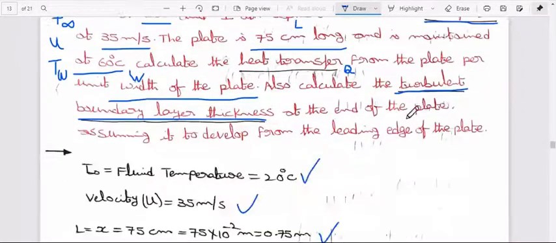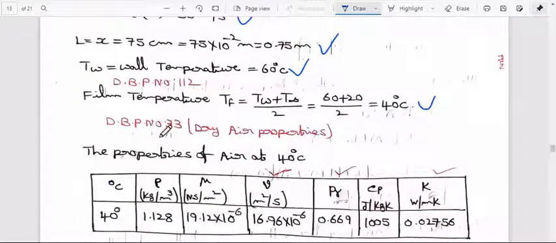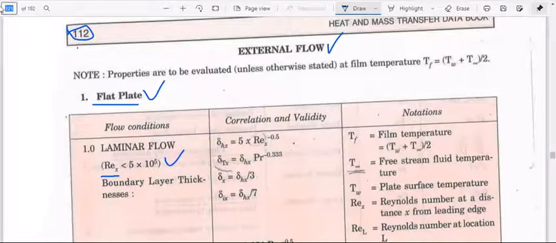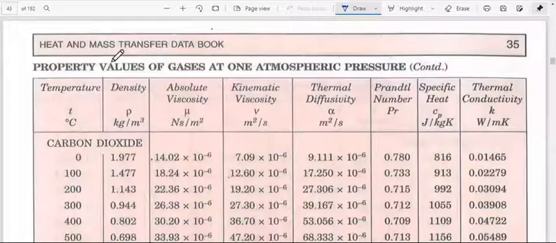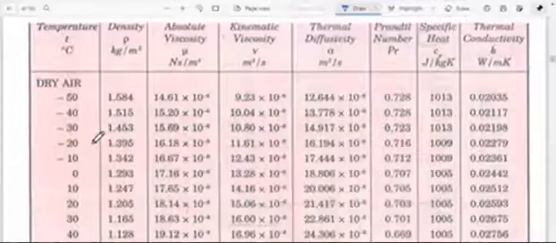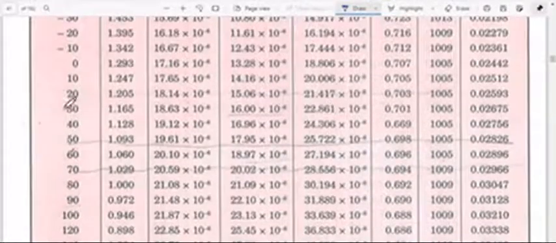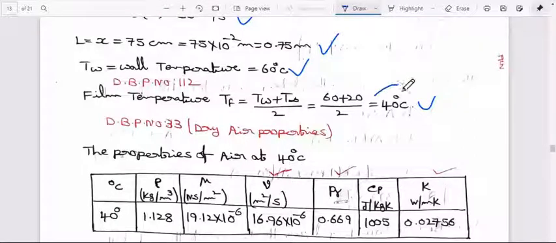In this problem, the property values are not mentioned. That's why I'm considering the properties at 40 degrees centigrade. So from data book page number 33, dry air properties. The film temperature is 40 degrees centigrade.